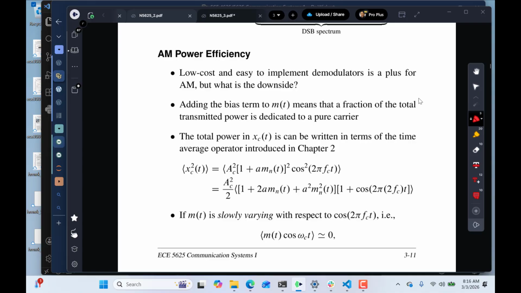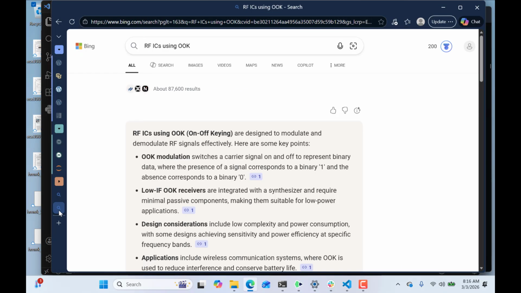So there is an efficiency calculation, and these will show up in the homework problems. I don't really want to dwell on it a lot because this is not such a popular modulation anymore, but on the other hand, it is still very, very popular. I think I was looking something up that the digital version of this is called on-off keying, where you just modulate the carrier with power and then turn it off when you want to send a 0 and turn it on.